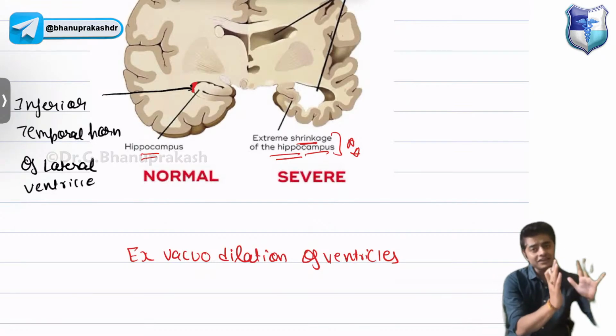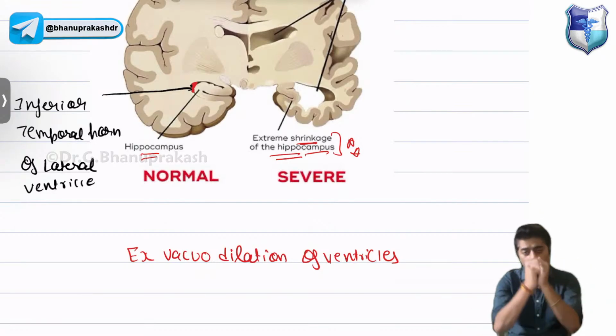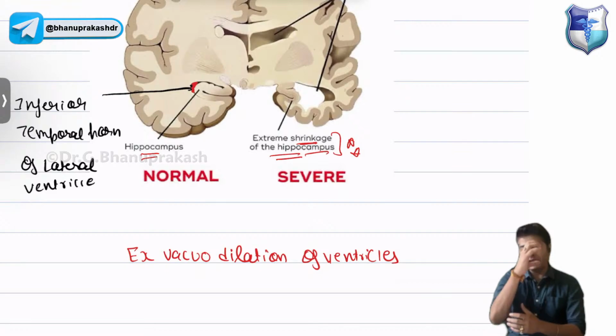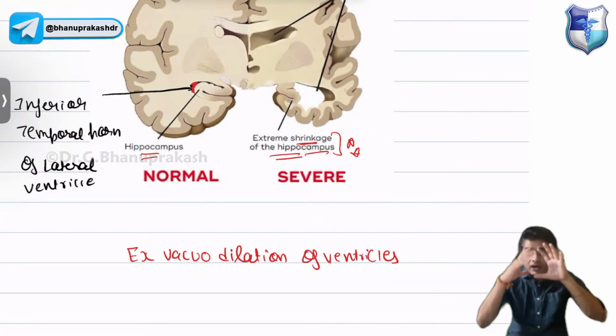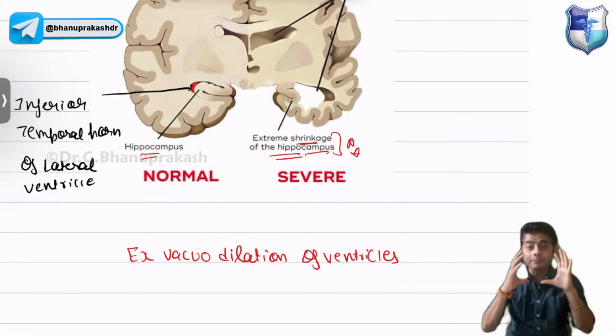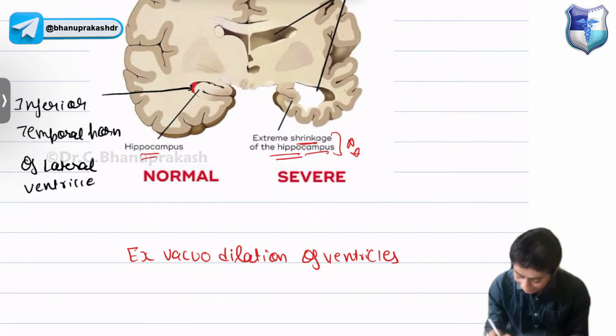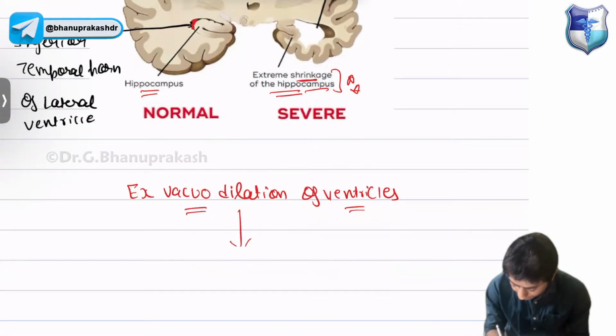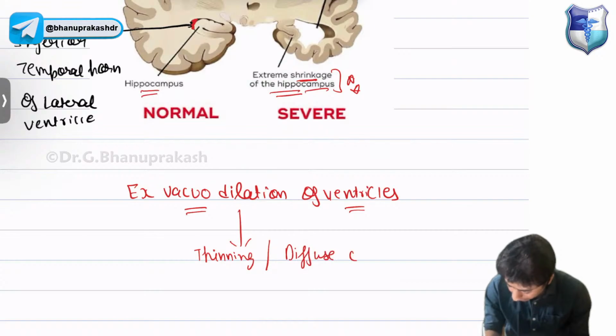of ventricle. Normally, ventricle size is normal, but due to atrophy of brain, when brain gets shrunken, your ventricle appears big. So this is ex vacuo dilation of ventricle, which is due to diffuse cerebral atrophy.